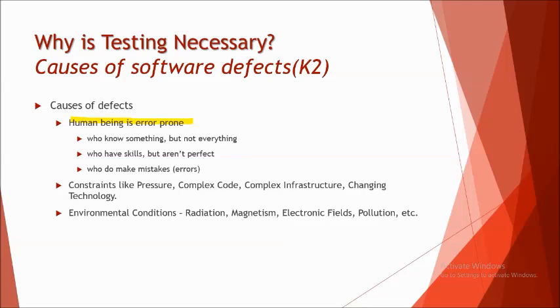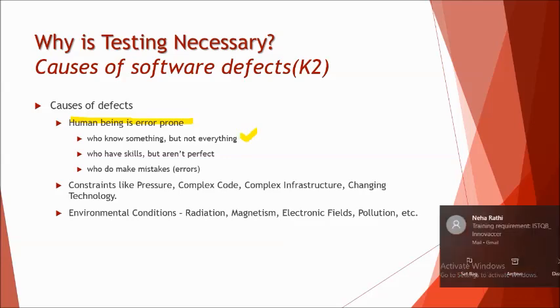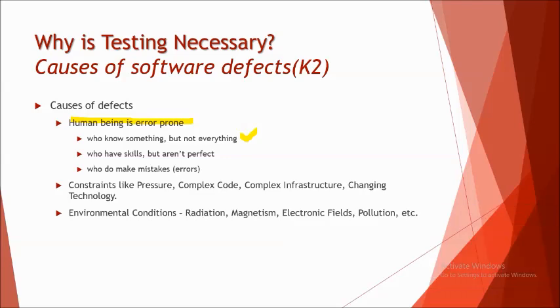But now there are possibilities, as you can see below, like someone who knows something but not everything. That means a person who is doing the job knows a few things but not everything, so you try to find the right person for the job, and you try to create a profile where the person has all the information to overcome this barrier.